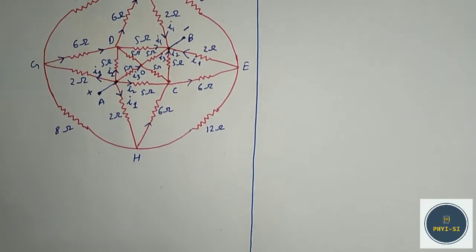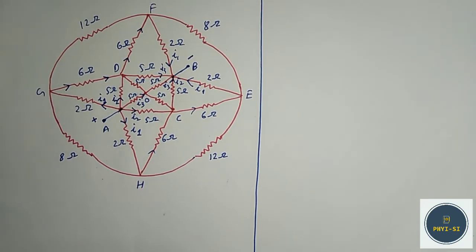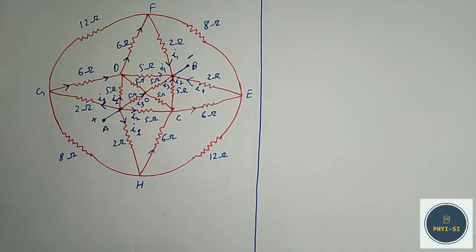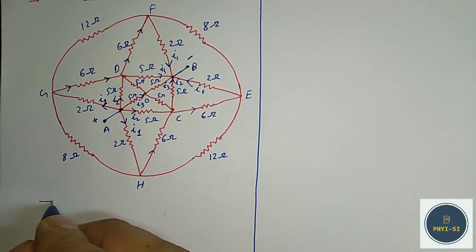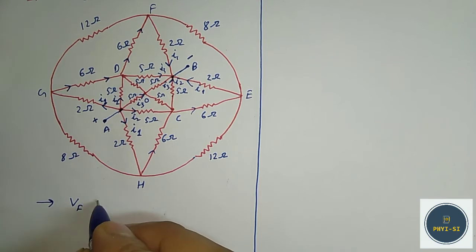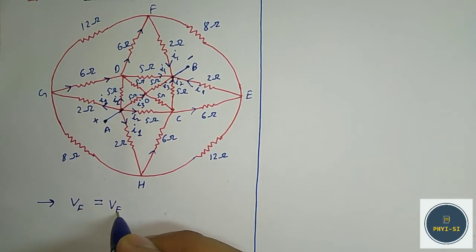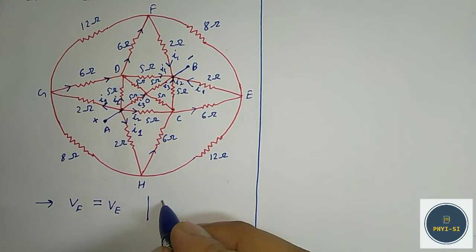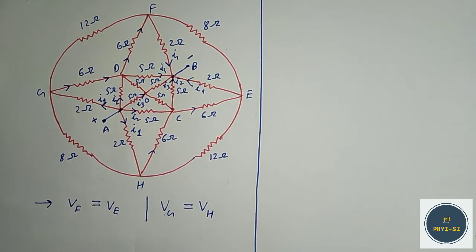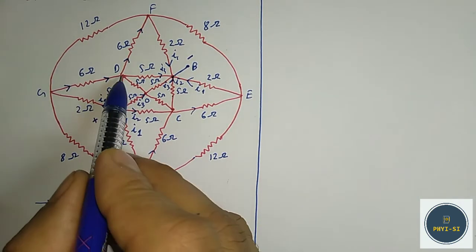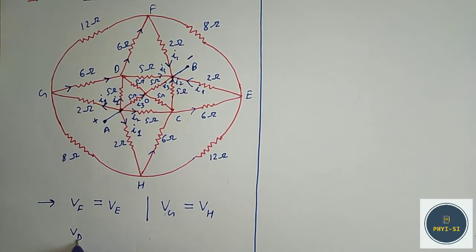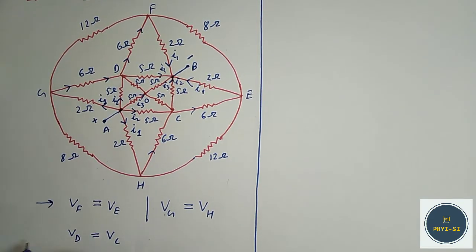So I can write the potential of F is equal to the potential of E, the potential of G is equal to the potential of H. And also no current through this branch DC, so the potential of D is also equal to the potential of C.